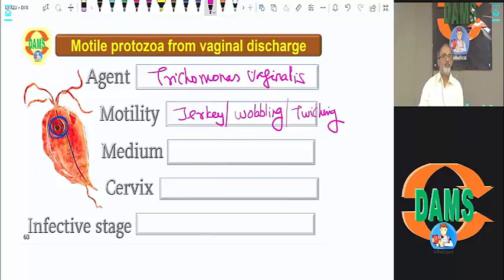What medium? Culture medium. Only a few media are there for protozoa. CPLM medium: cystine, peptone, liver, maltose medium.